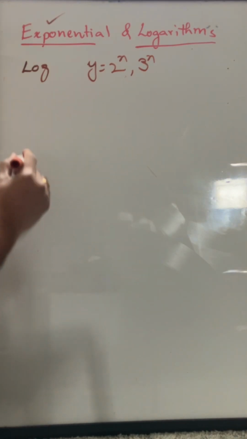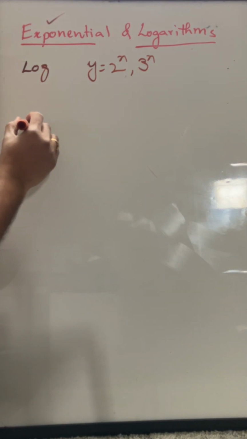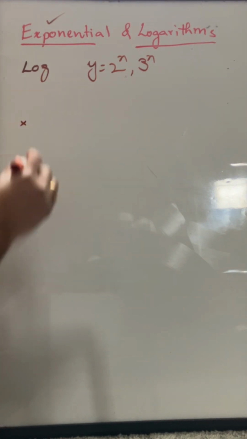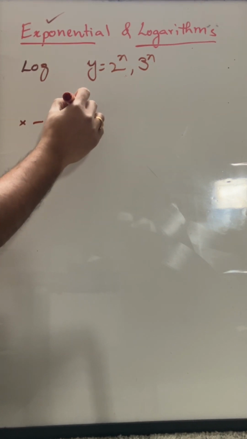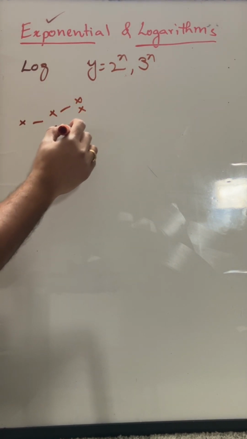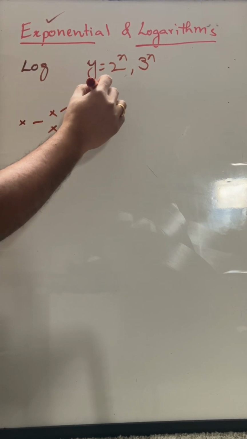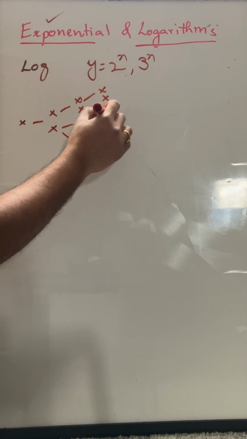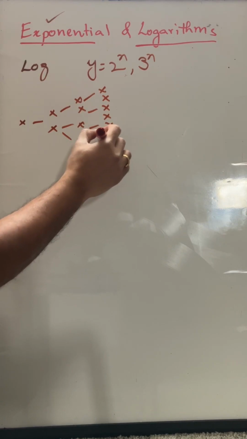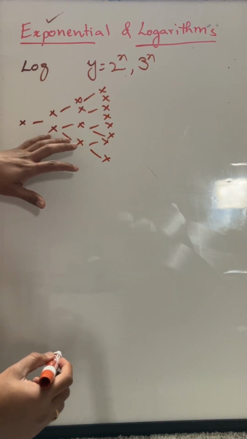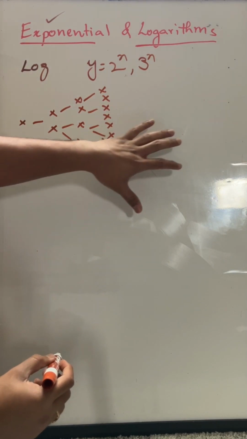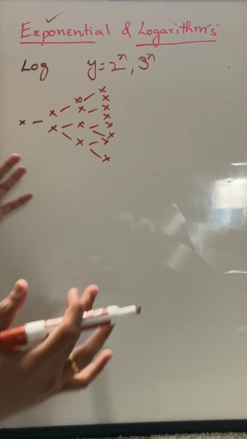Initially it starts with 1, then 1 gives birth to 2, and each of those gives birth to 2 more, and so on. So all these things grow exponentially: 1 becomes 2, 2 becomes 4, 4 becomes 8, 8 becomes 16. These are all exponential growth.